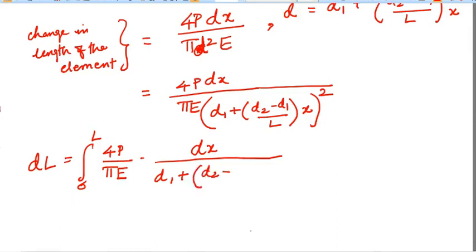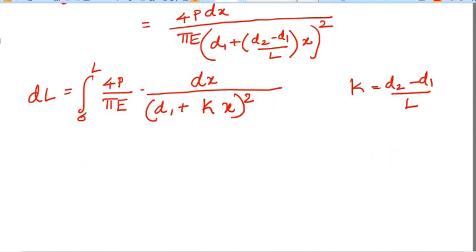This (D2 minus D1) by L is again a constant. So instead of this I can write it as k, where k is (D2 minus D1) by L. So you integrate this.